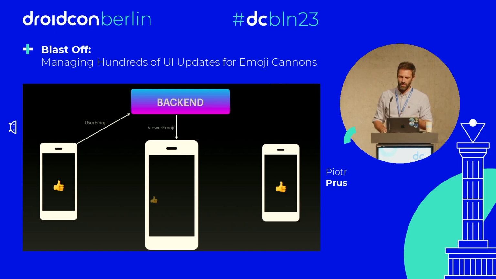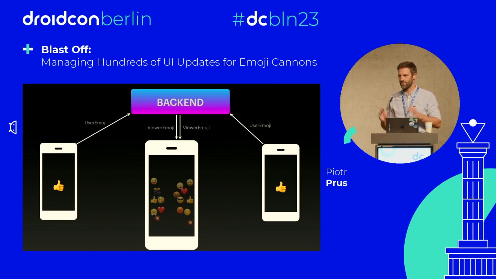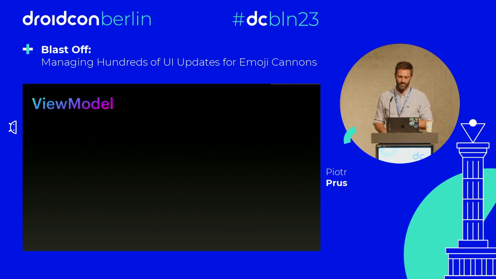So we have another user emoji that will convert to the viewer emoji of another user, and so on. For now, it's not that hard, but we can have thousands of users that will send thousands of emoji. That's why I made this whole example with the emoji cannon, to try to figure out how recomposition works.